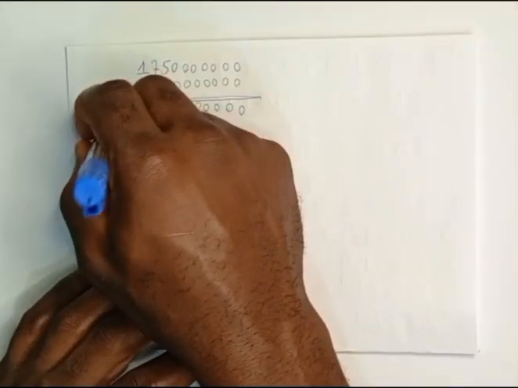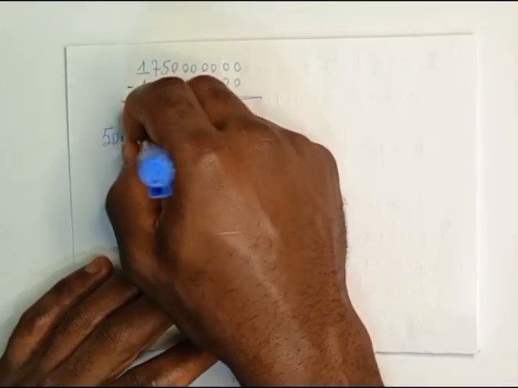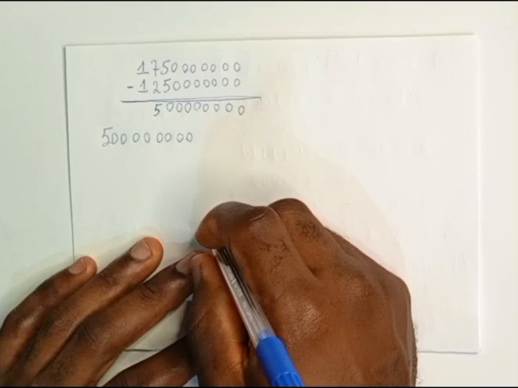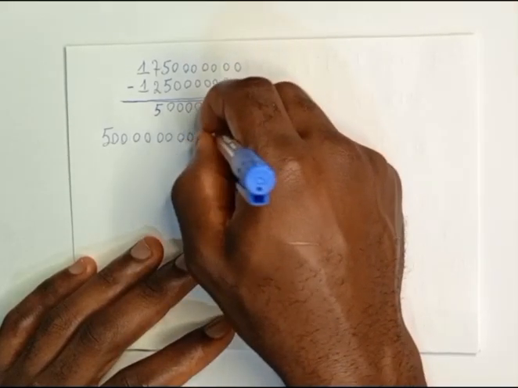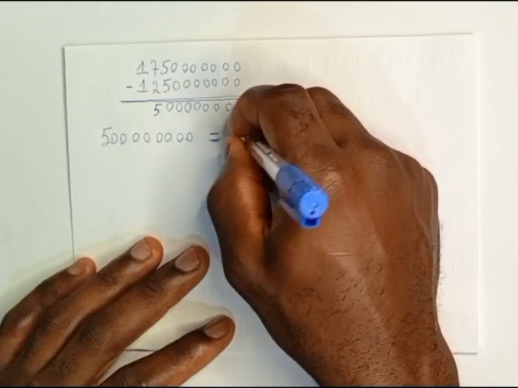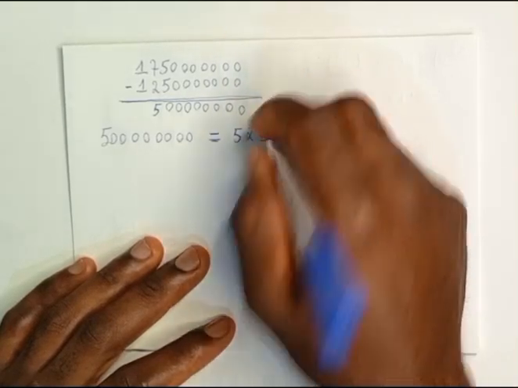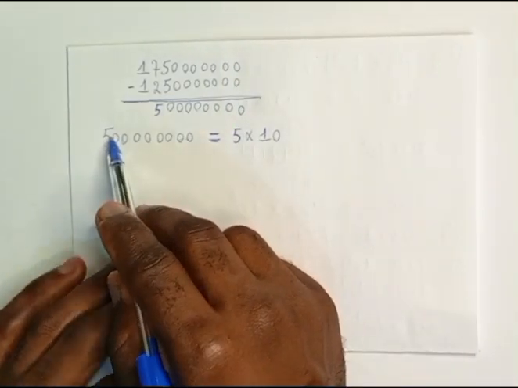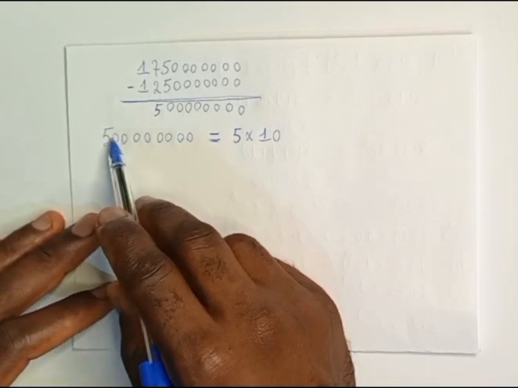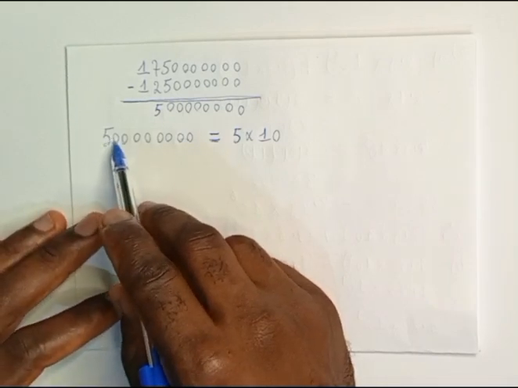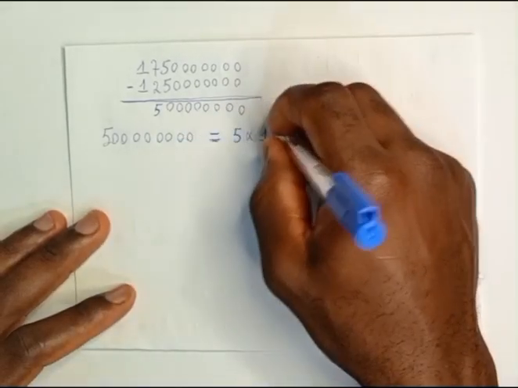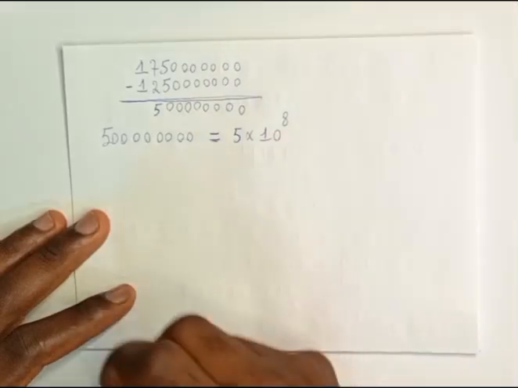Next, we have to express 500 million in standard form. This will simply be equal to 5 times 10 to the power. If you fix a decimal point after the first non-zero digit, it gives us 5. Then we count the number of digits after the decimal point. 1, 2, 3, 4, 5, 6, 7, 8. 5 times 10 to the power 8.